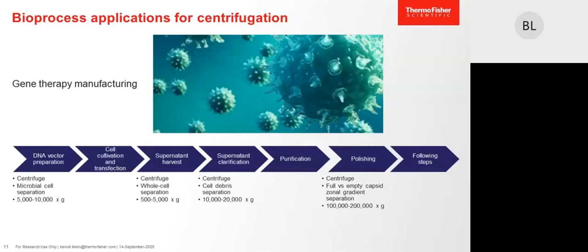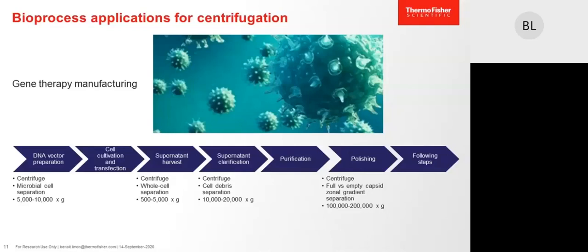The DNA plasmid is usually grown in bacteria, E. coli or microbial cells, as a separate process, and centrifuges are used to separate the microbial cells from the supernatant.